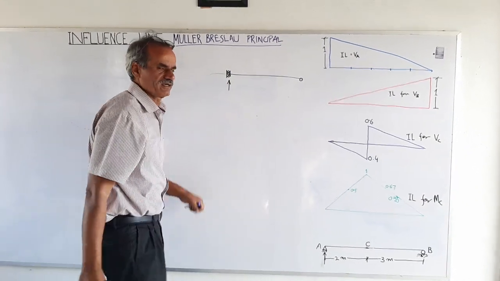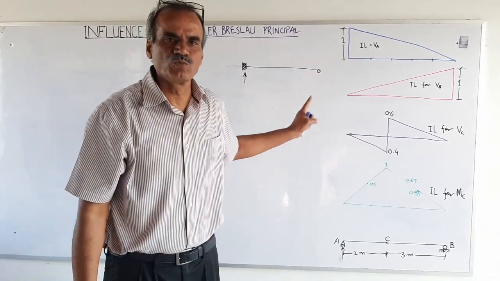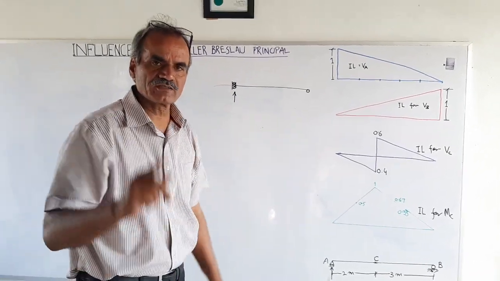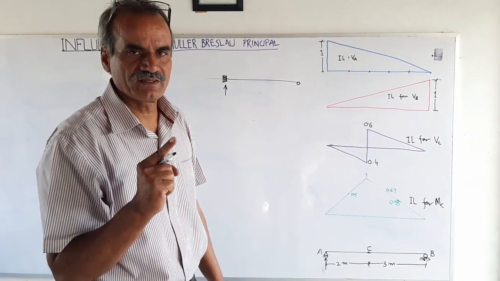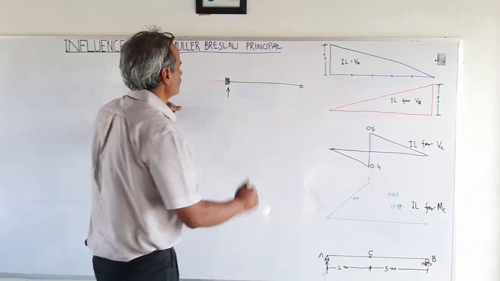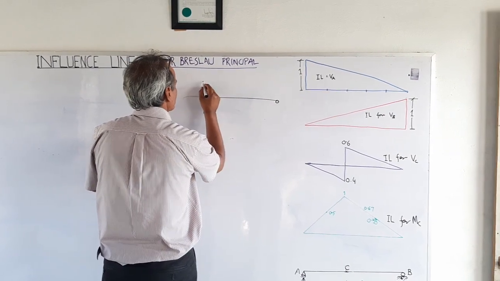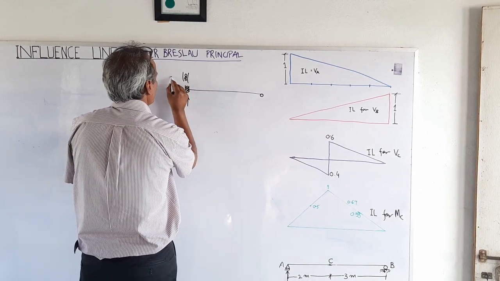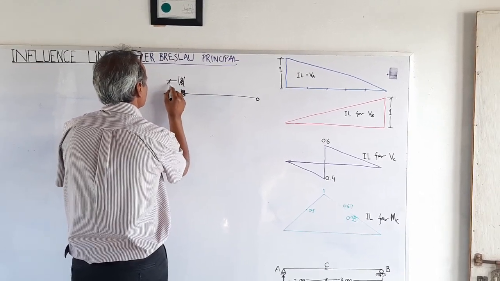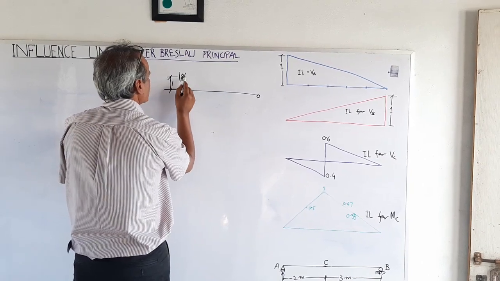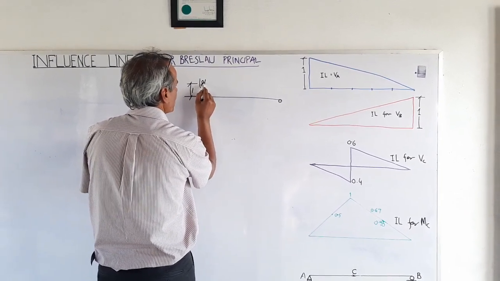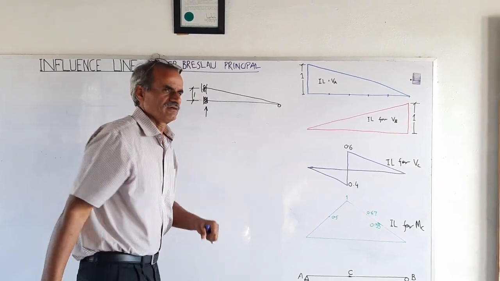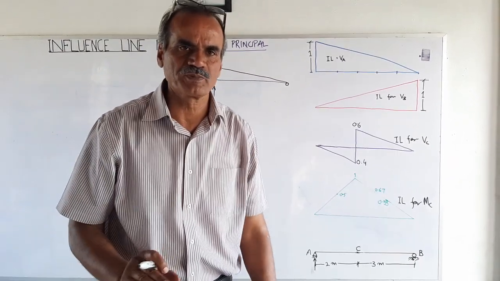and give a roller over here and let this beam move under the action of this force to a unit displacement. So we let this beam move to this position, say over here, and this displacement is a unit displacement. Then we join this with the other support, because the support is not to be moved, it will remain at its place.